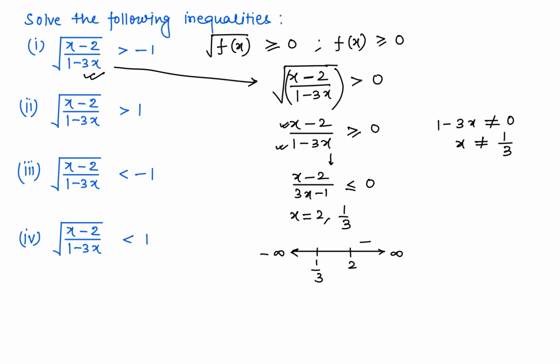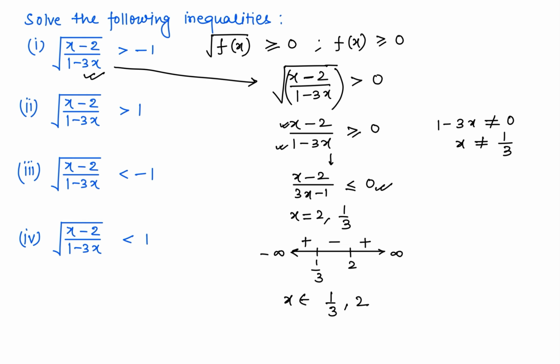Rightmost interval will be positive, then alternate negative and positive intervals. So we will take only those intervals which are less than 0. So x belongs to 1 by 3 to 2.